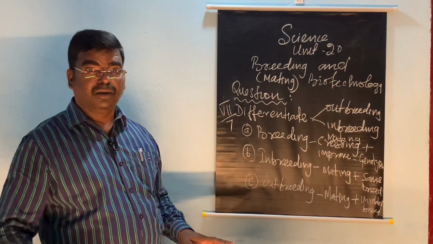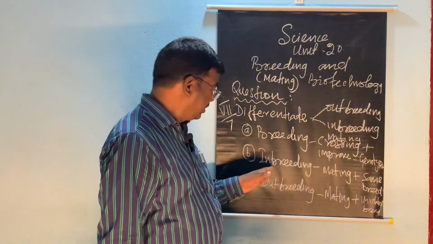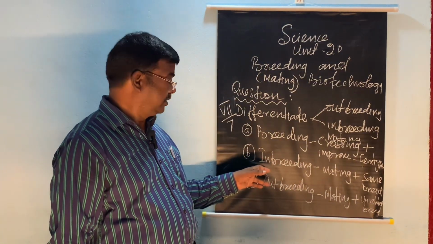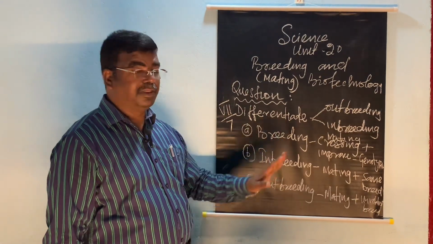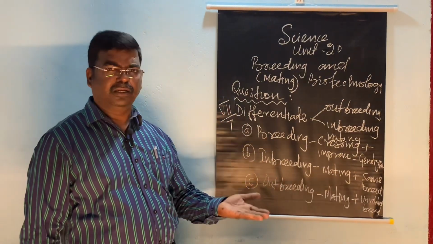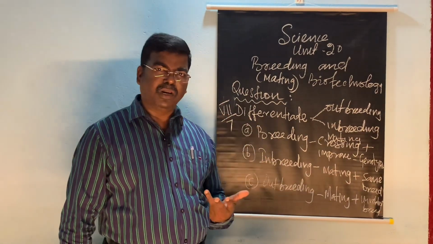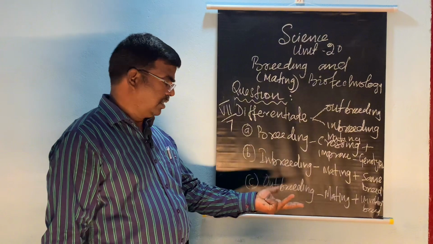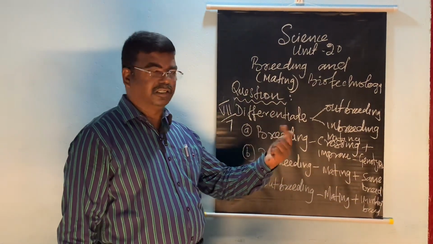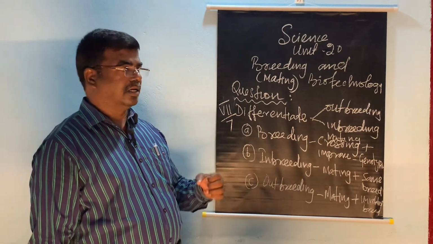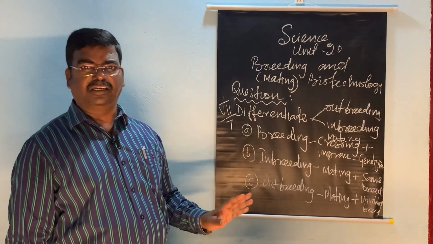You underline that word, superior variety. We are keeping this process, inbreeding. By means of inbreeding we are getting superior varieties, giving more milk, more eggs, more flesh, disease resistance capacity, tolerance to environmental changes.